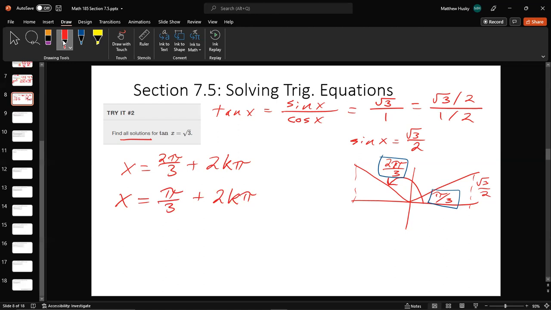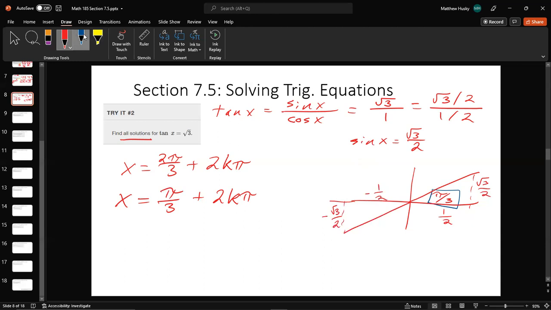Actually, hold on. This is not correct because this is tangent. Sorry about that. Let's back up a second. This is 1/2. And then what we actually need is this would need to be negative root 3 over 2, and this would need to be negative a half, because the tangent does need to be positive.